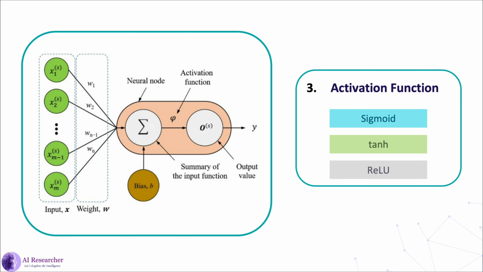Talking about activation functions, there are mainly three: sigmoid, tanh, and ReLU. What is an activation function? It is an important aspect in multilayer perceptron. It introduces non-linearity into the network, and this allows a network to learn complex patterns and relationships in the data. And these are the commonly used activation functions in MLP.